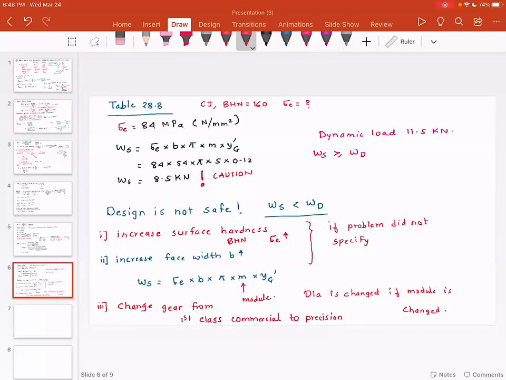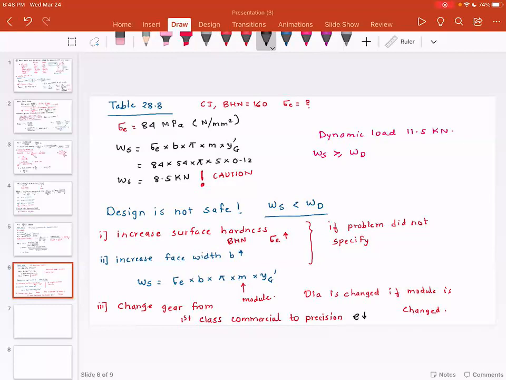What happens if we were to change the gear from first class commercial to precision? Usually the tooth error action E drops down.